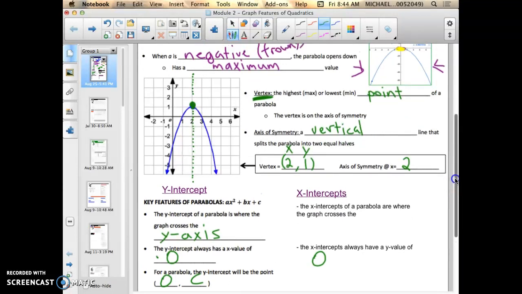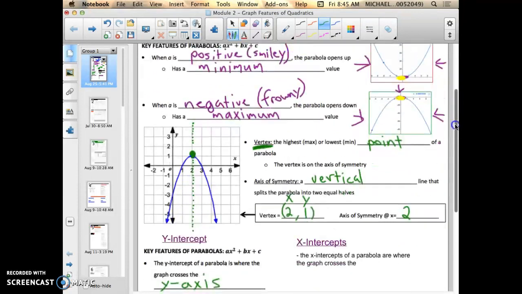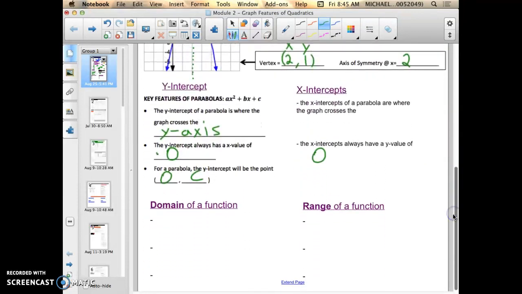So if I input 0 into any given function, it would be whatever a is times 0 plus whatever b is times 0. So both those would go to 0, and then it would be plus or minus whatever c is. And so the y-intercept is very easy to find because the 0 cancels out the a and the b terms, and it leaves you with the c term, whatever that might be. So that's why algebraically it is always (0, c).